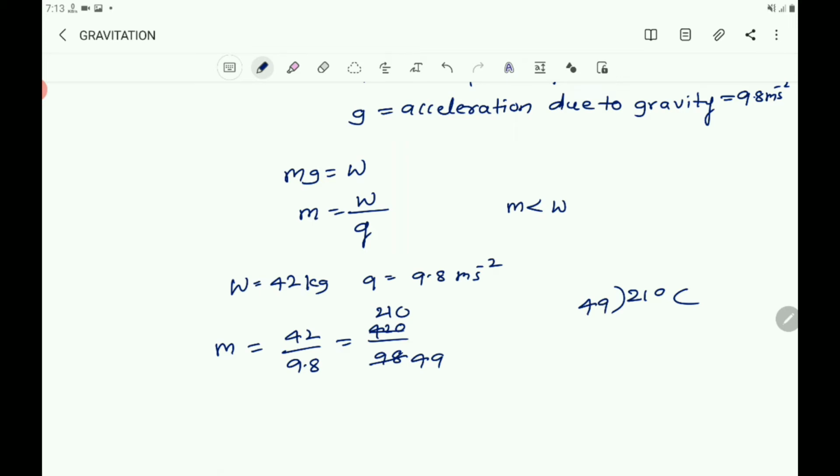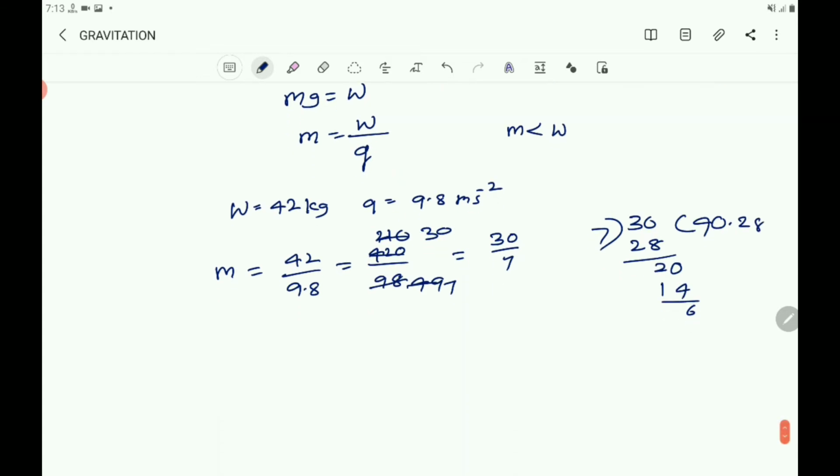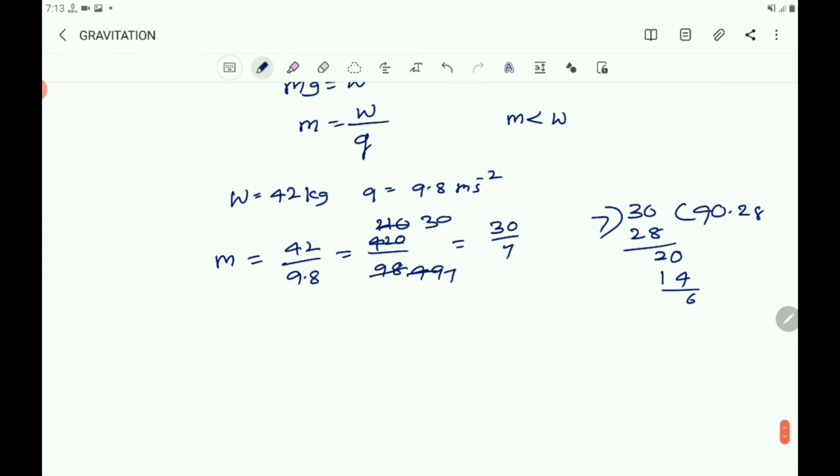It is better to divide by 7, so you get 30 by 7. 7 fours are 28, 2 is remaining, so you got 4.28 kg.